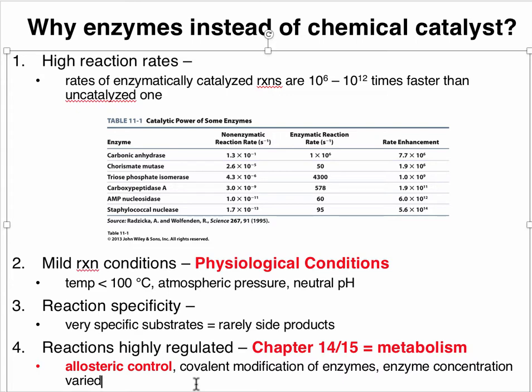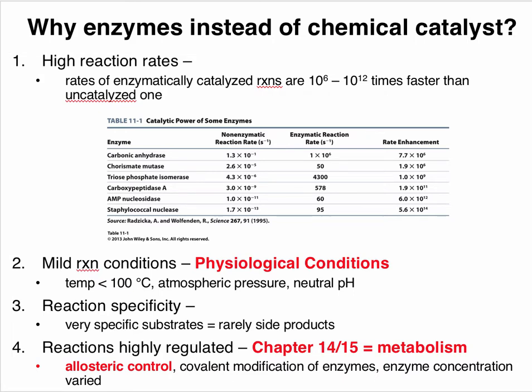They can also be covalently modified, usually a phosphate group is added. And we're going to talk more about free energy in terms of delta G and relating that to equilibrium. And so we're going to see that the enzyme concentration can be varied, and that variability plays a nice role in regulation of enzymatic reactions.